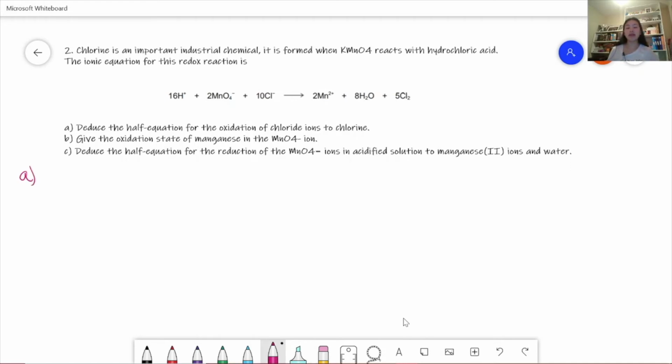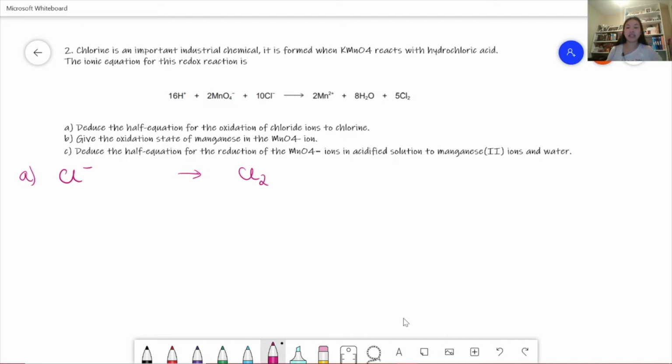Remembering the rules, first of all, we write down the chloride ions and the chlorine. So we know that chloride ions form chlorine. And then we remember that, first of all, we need to balance out everything that isn't oxygen or hydrogen. So that is the chlorines.